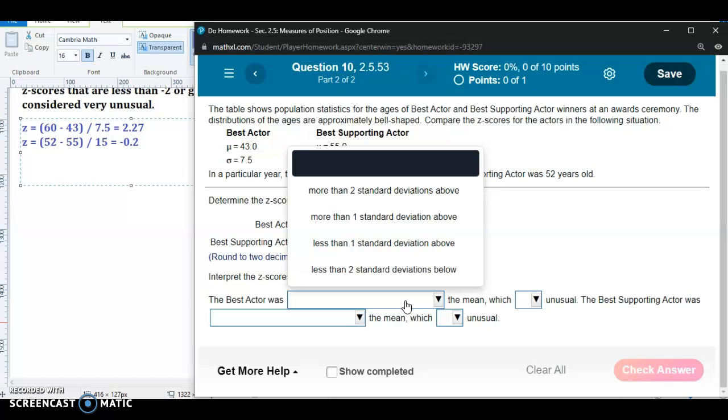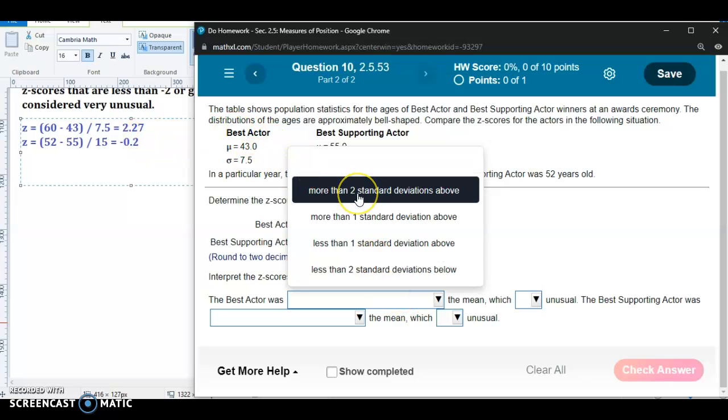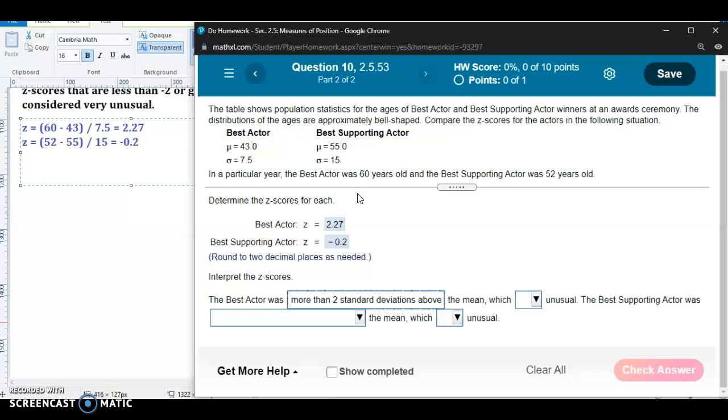Remember, a z-score tells you how many standard deviations that data value is above or below the mean. In this case the z-score is positive, so it was more than 2 standard deviations above the mean, which, according to the book, is unusual. If a z-score is greater than positive 2 or less than negative 2, it's unusual.